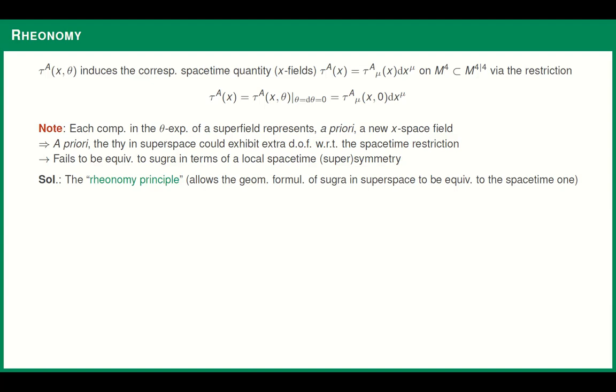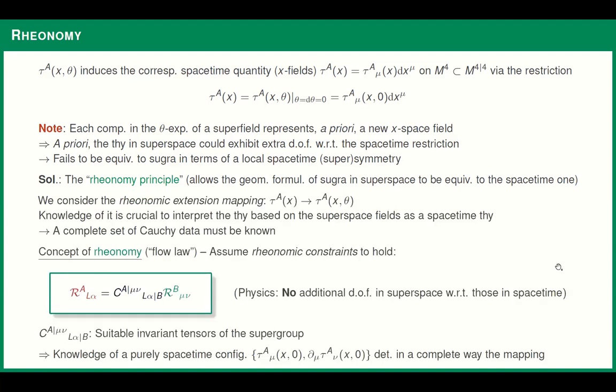In this geometric framework, what is called the reordering principle is the solution to this problem. It is the way in which we see that we don't have those extra degrees of freedom, because we have some constraints on the supercurvature that allow the theory to be equivalent to the one defined in space-time. Let me show you how it works.